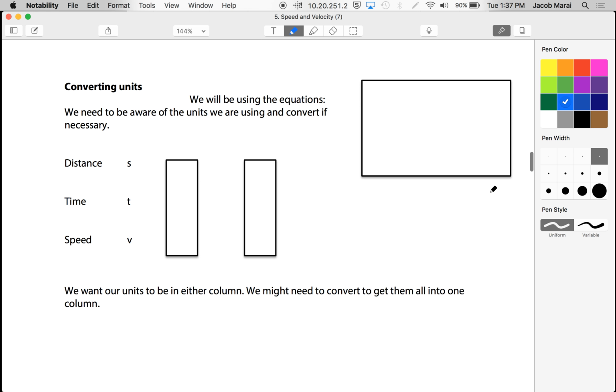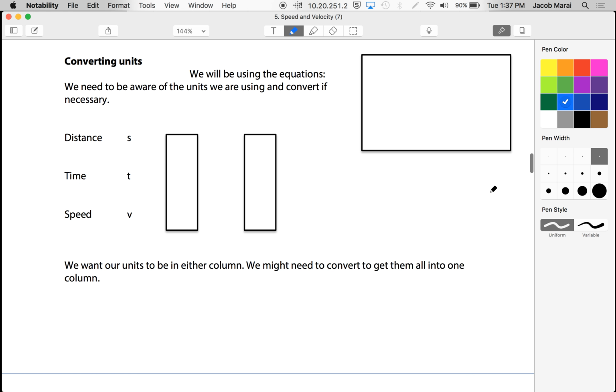All right, gentlemen, converting units. This is important. It's not in the syllabus, but you need to know this very important skill. We've got our equations. Let's just write them here just to remind ourselves. V equals S over T, S equals VT, and T equals S over V. Those are our 3, okay? Now, we need to be aware of the units.